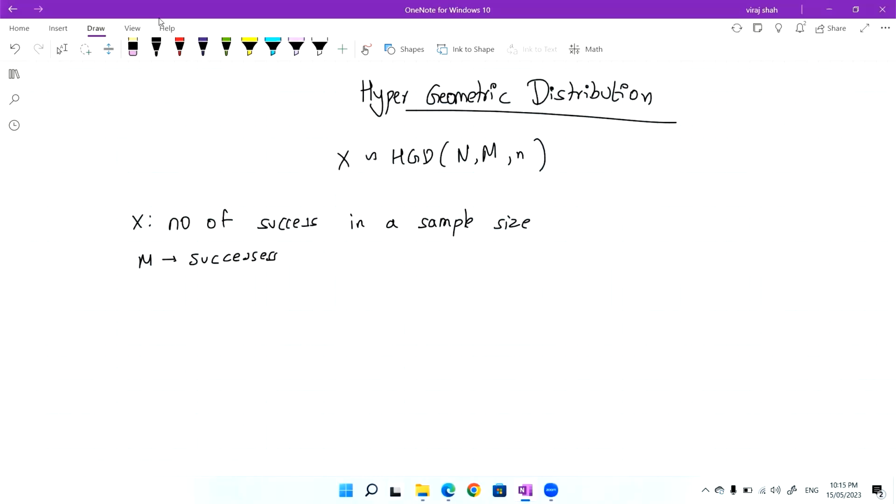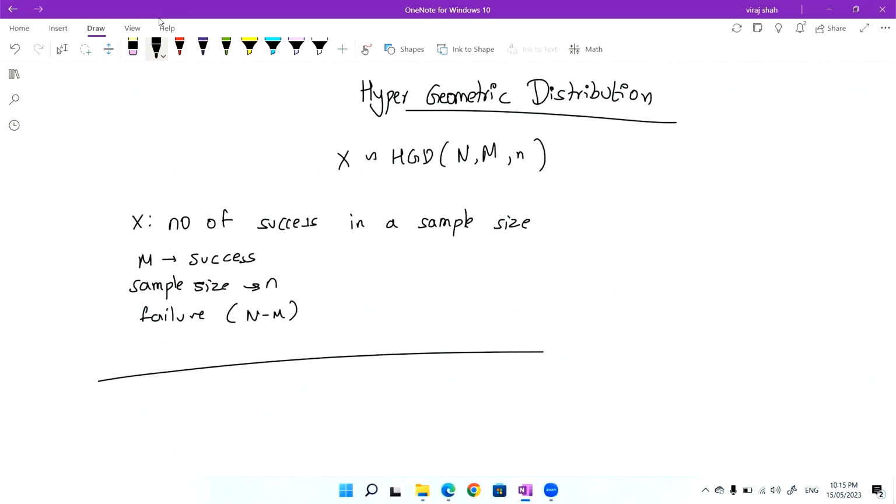Your sample size is denoted by a small n. Your failure is nothing but n minus m. So this is how you write it.